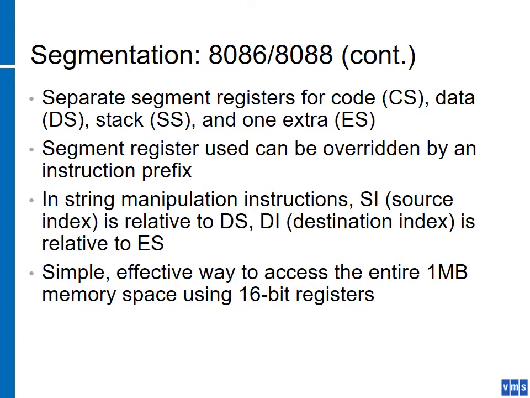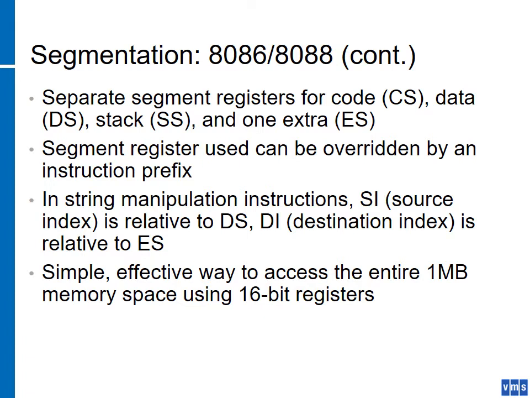So there's a separate segment register for the code segment, so your code can live in a different 64-kilobyte space of the 20-bit address space than your data. There's a separate one for data. There's a separate one for stack. And then there's an ES segment register, dubbed the extra segment register.